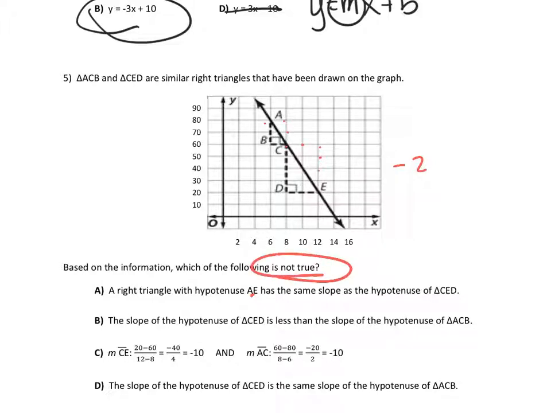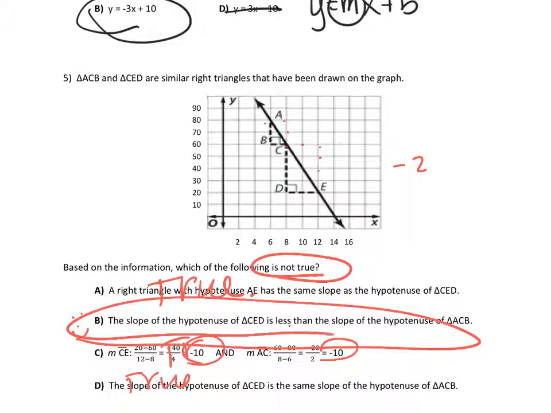We're looking for the not true one. That is true. The slope of the hypotenuse CED is less than. No, we found out it's the same. So I think this is my answer right here. This equals negative 10. That's true. The slope of the hypotenuse is the same as the slope. Yes, that's true. B is my answer.